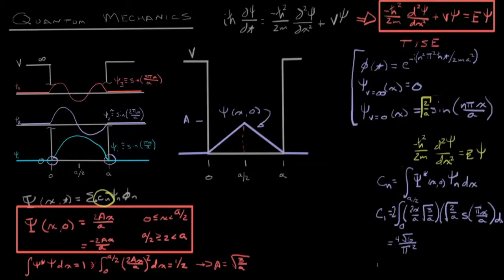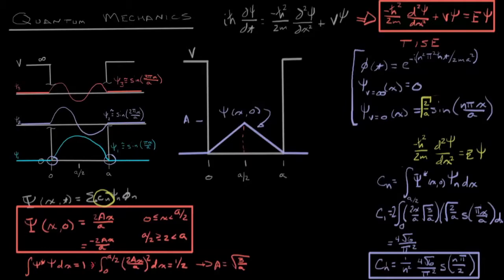And if we were to actually, instead of doing C1, if we were to instead do C as a function of n, 1 over n squared 4 root 6 over pi squared times sine of n pi over 2. Fair enough.